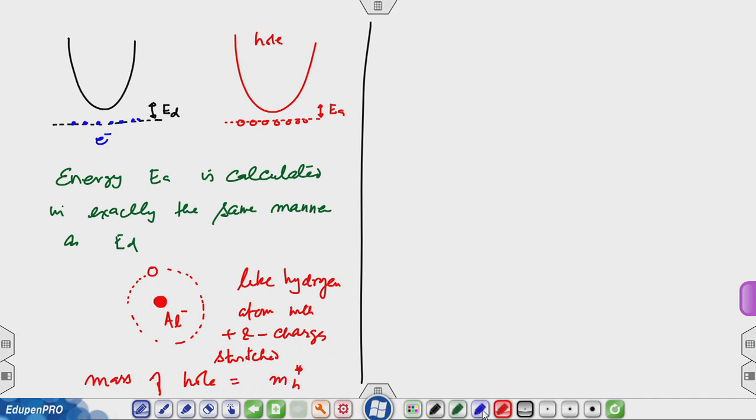So, E a magnitude is going to be equal to 13.6 m h star over m e times 1 over epsilon square. And again you will see that this will be of the order of meV.